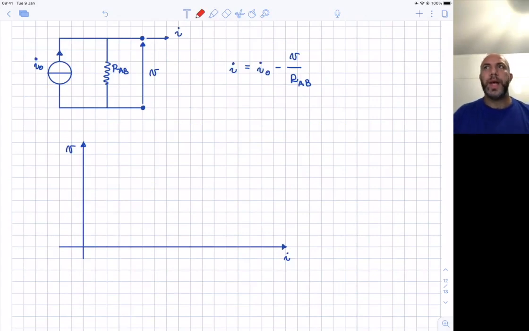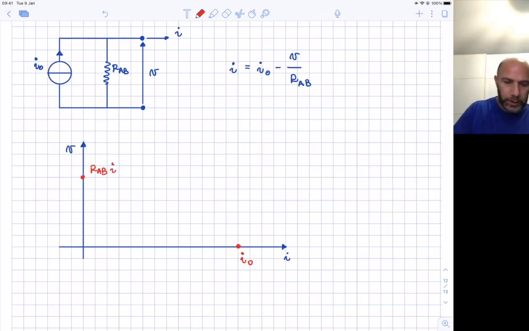We can represent this equation in the VI plane. When the voltage is 0, the current equals the short circuit current, I0, and when the current is 0, the voltage equals RAB times I0.